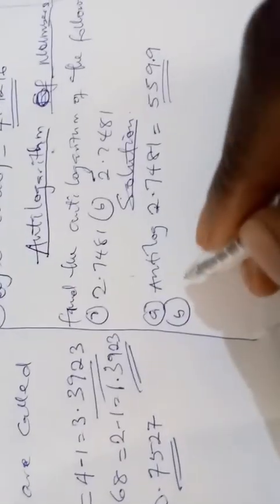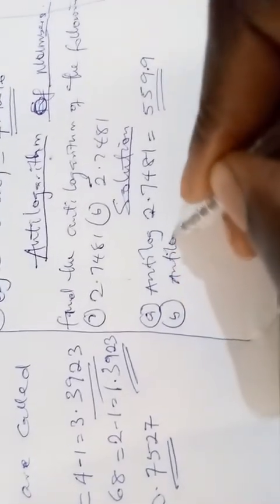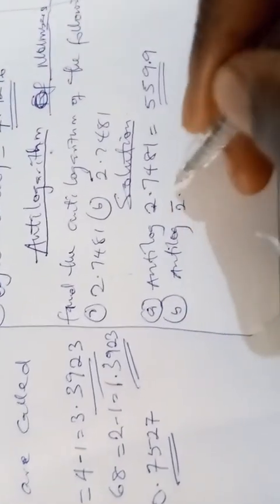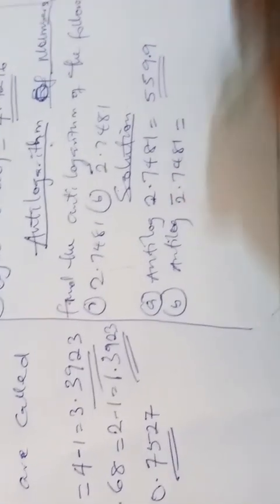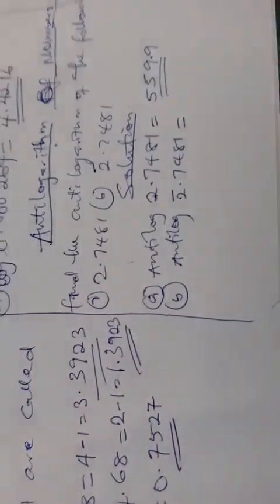Example B is antilog of bar 2.7481. Don't forget we said we don't have anything to do with the integer side. We are checking 74 under 8 with difference 1, and of course it's still the same thing. I intentionally want to check it again so that we can see 74.